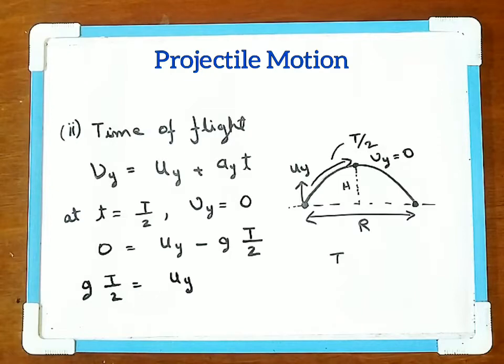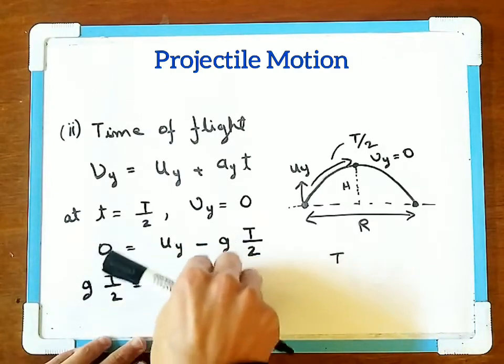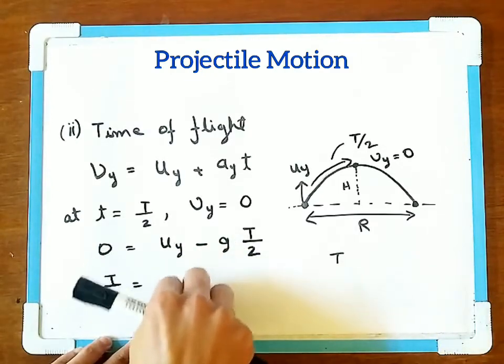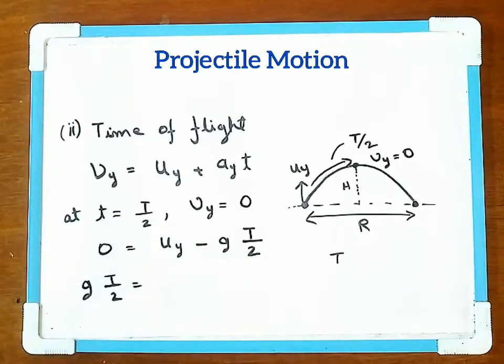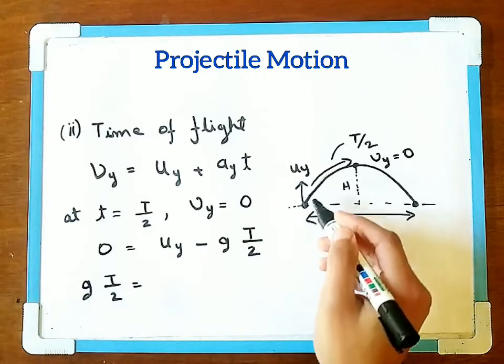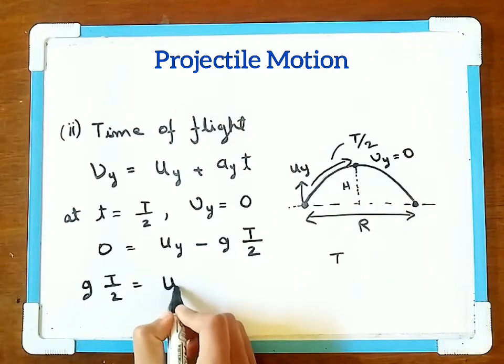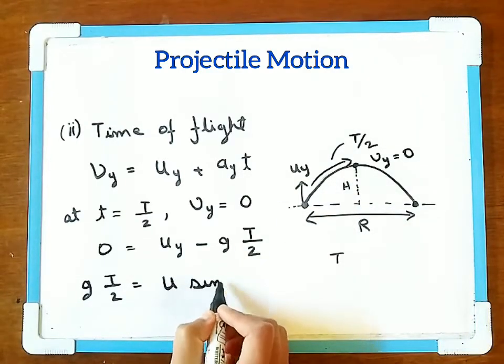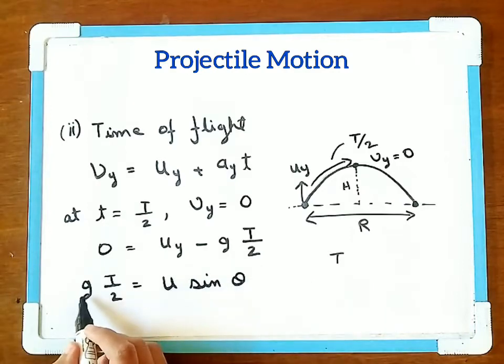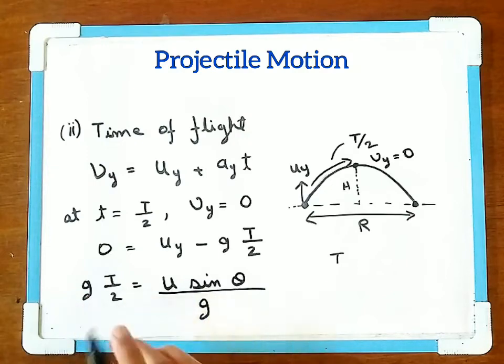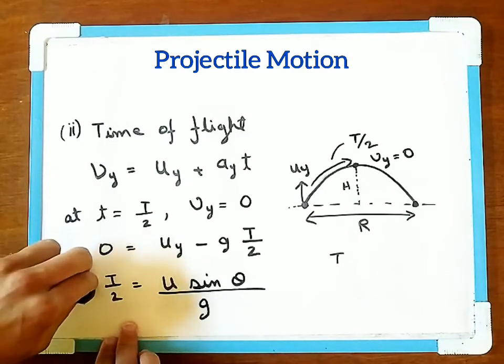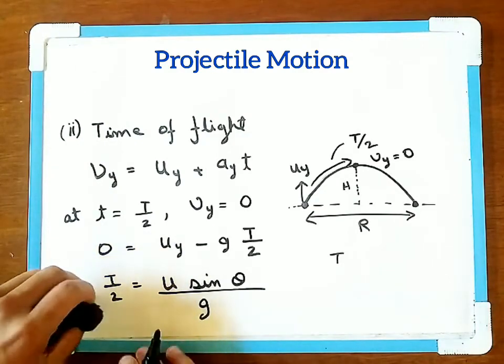Now Uy, this is from equation 2. When we resolve the vector into two components, Uy is equal to u sine theta, and this g comes down to the denominator, and this 2.